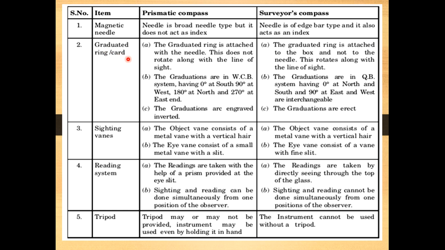Then the graduated ring card, sighting vanes, reading systems and tripod. This is the difference between the prismatic compass and the surveyor compass. You can read this.